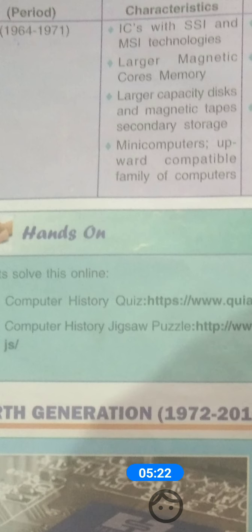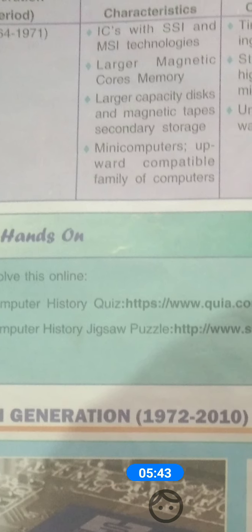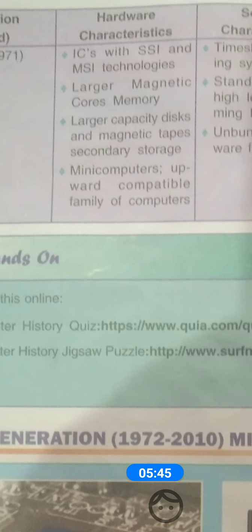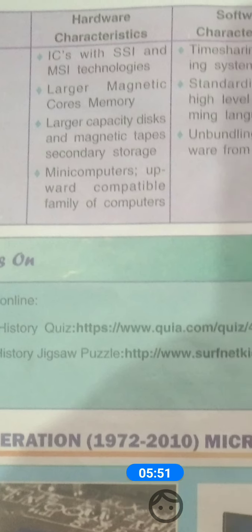In the previous, second generation, magnetic tapes and disks for secondary storage were also used, but now larger capacity ones were used. Minicomputers and a compatible family of computers were also released in this generation.